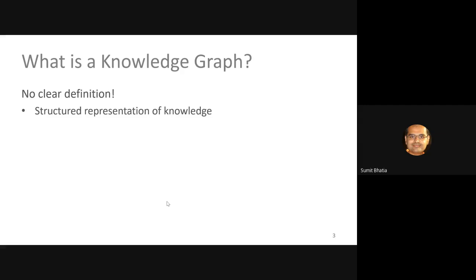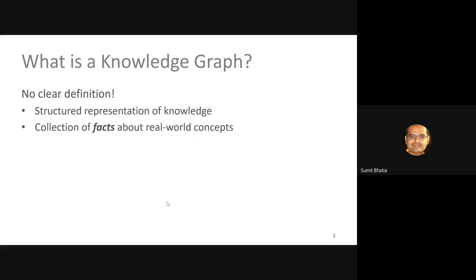But in general, what we can all agree is that knowledge graphs are just a structured representation of knowledge. And what do we mean by that? Essentially, in a concrete definition, knowledge graphs are a structured representation of knowledge. It's just a collection of facts about real world concepts.